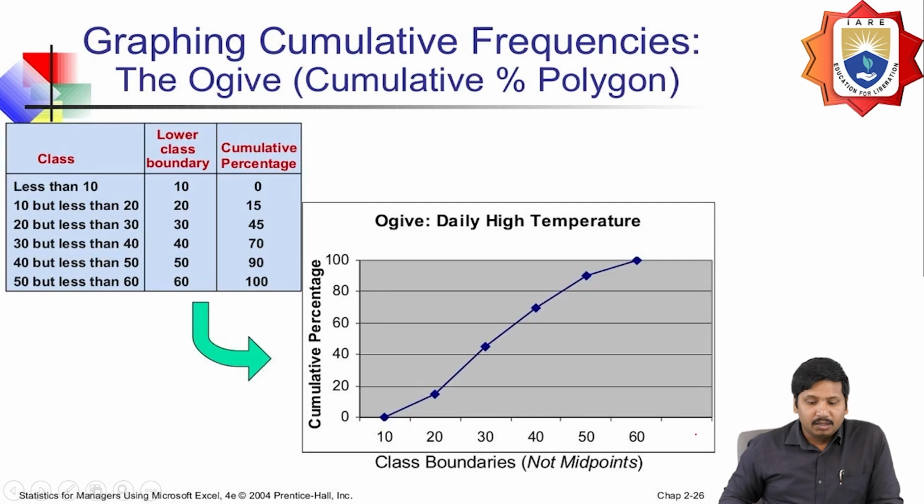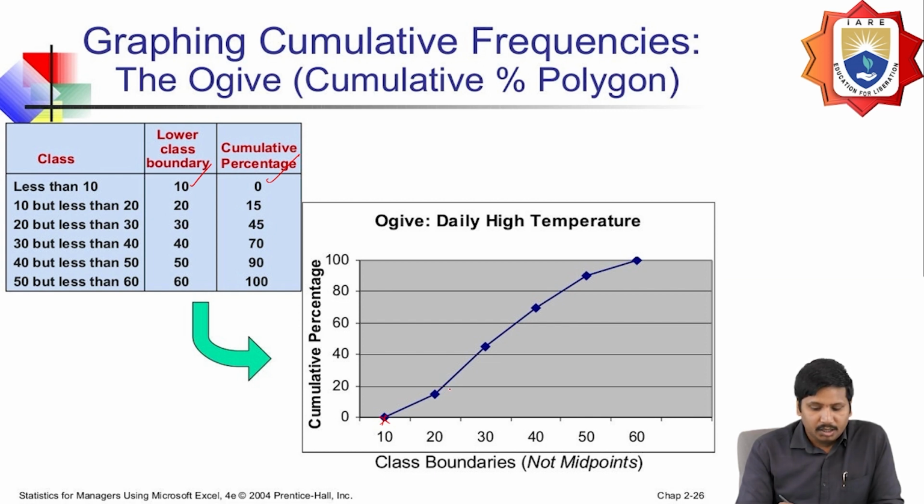Once you obtain this, then we have to construct the ogive. The ogive is constructed on the 100% cumulative percentage. Consider the lower boundary here and the cumulative percentage here. Less than 10 it should be 0. Mark it, and in between 10 and 20 the cumulative frequency is 15.